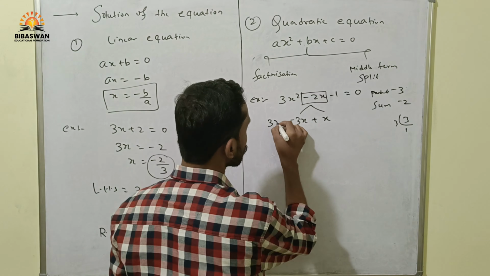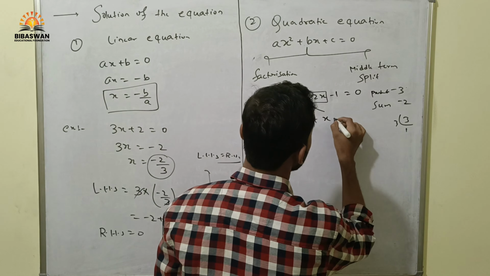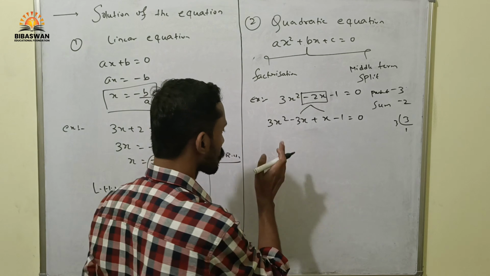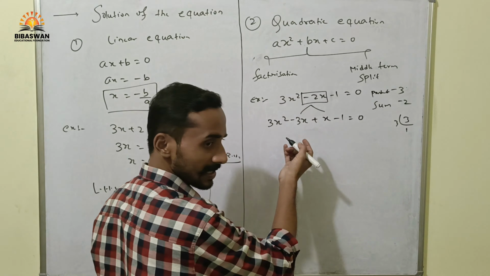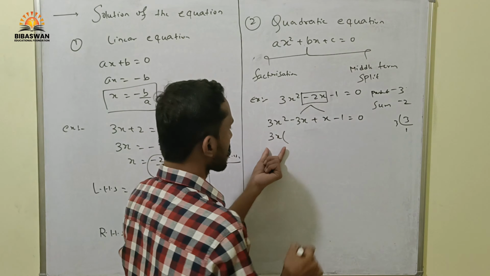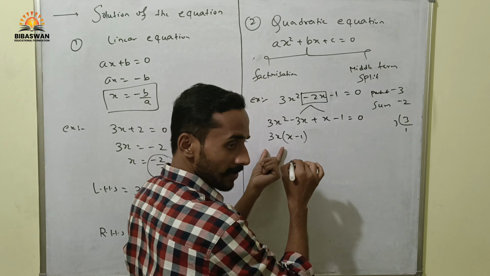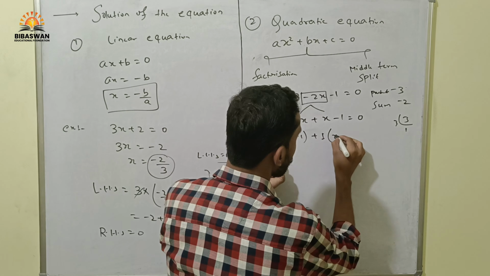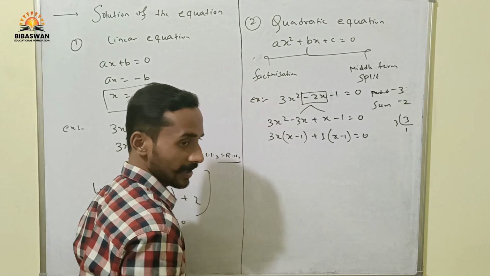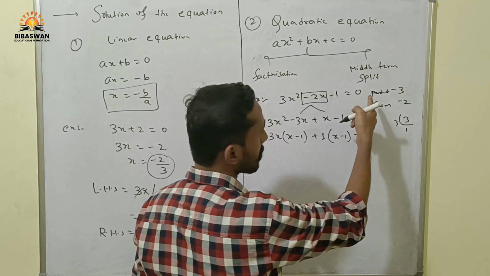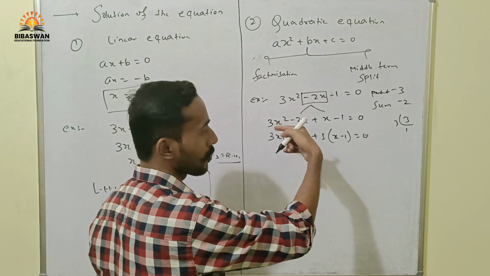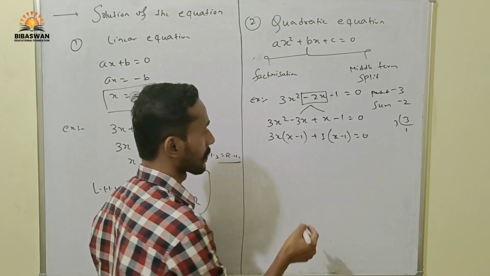Understood? Now 3x square minus 3x plus x minus 1. Any problem here? Now it is very easy to take common. When we take 3x common, it becomes x minus 1, and when we take 1 common, it becomes x minus 1. If anything goes wrong, then the whole question will be wrong.